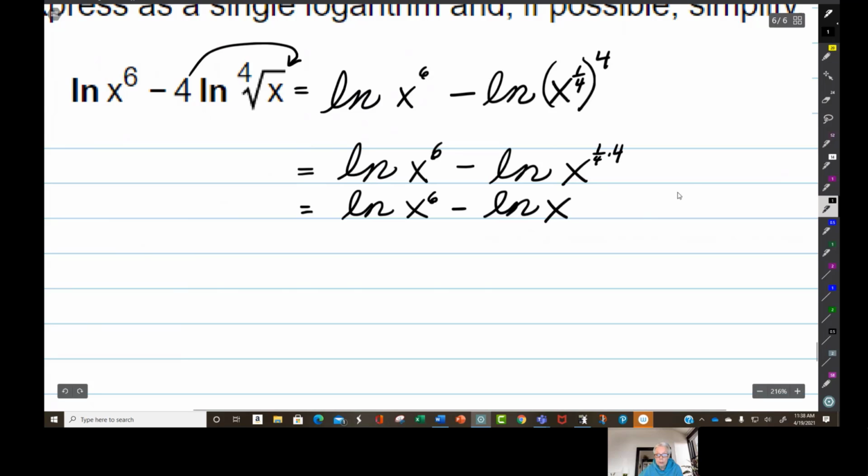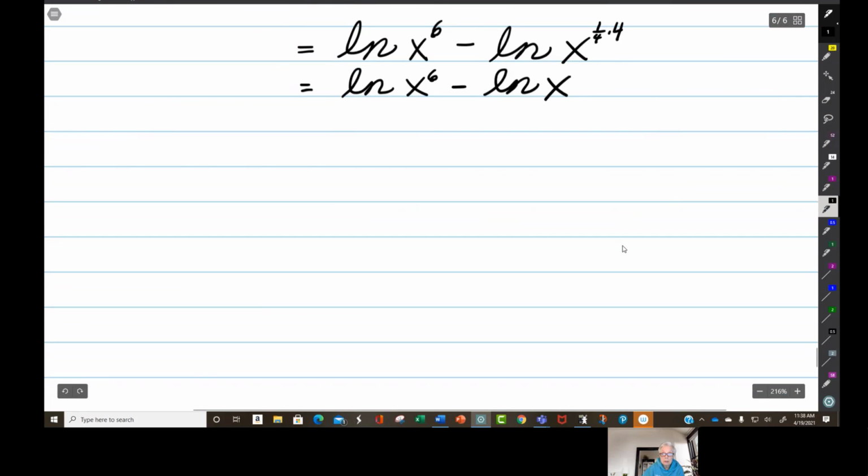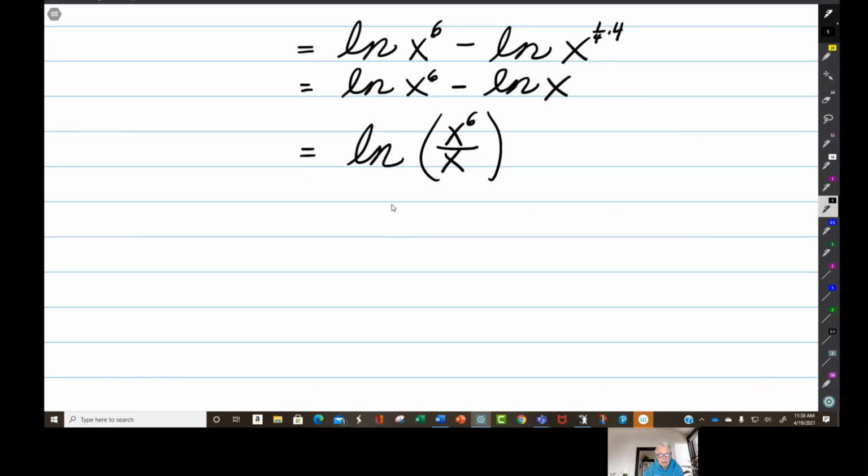Well, now we're going to use the quotient rule, and that's going to give us the ln of x to the 6th over x, which is going to be what? X to the 5th.